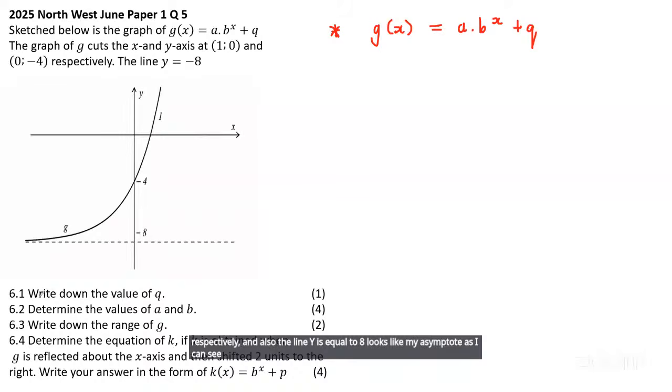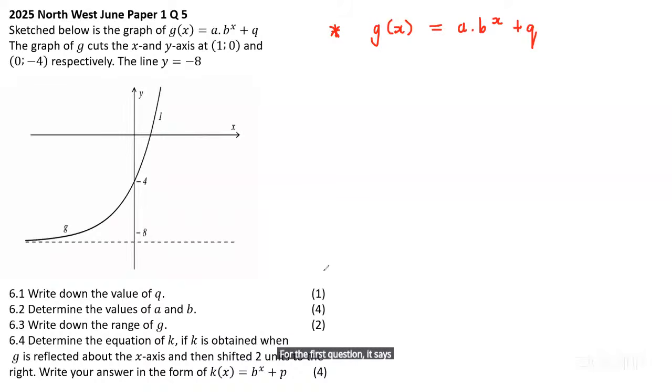For the first question, it says write down the value of q. Listen to this. In a typical exponential graph, the y asymptote, the dotted line, is actually the value of q. The dotted line, the line that restricts the graph, is your asymptote.